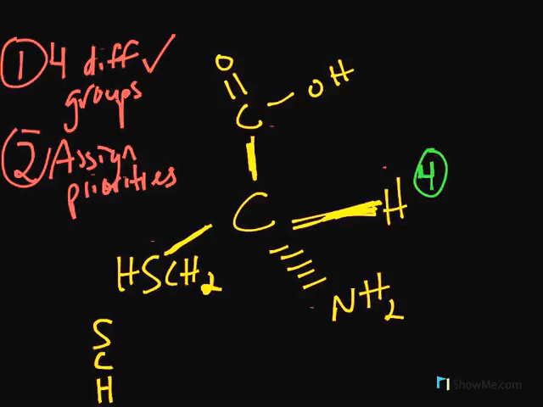So we write them out in decreasing order: sulfur, carbon, and hydrogen. When it comes to the amine, we only have three atoms it's connected to, so I'm going to write out nitrogen, hydrogen, and hydrogen.